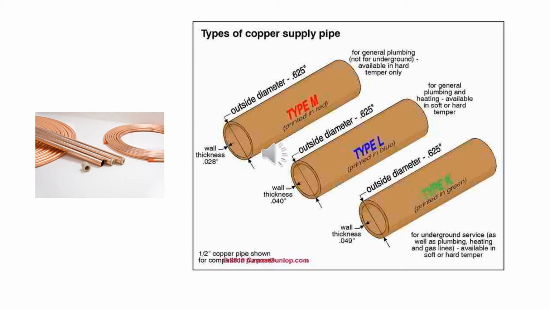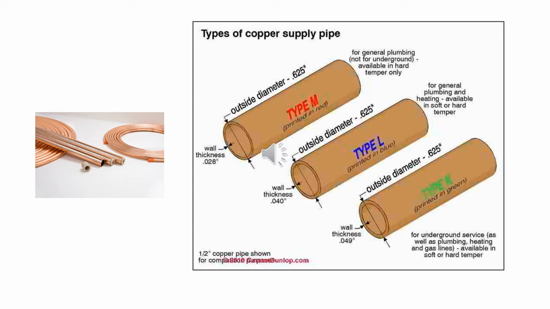Copper tube for air conditioning and refrigeration, also known as ACR, is designated by actual outside diameter. Copper tubing for plumbing and heating applications is designated by the inside diameter. Except for this difference between ACR and plumbing and heating pipes, the type only indicates wall thickness and does not affect the outside diameter of the tube.